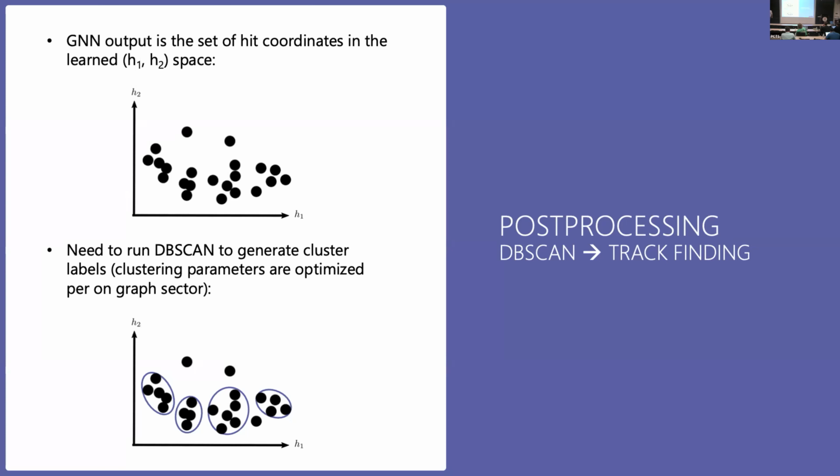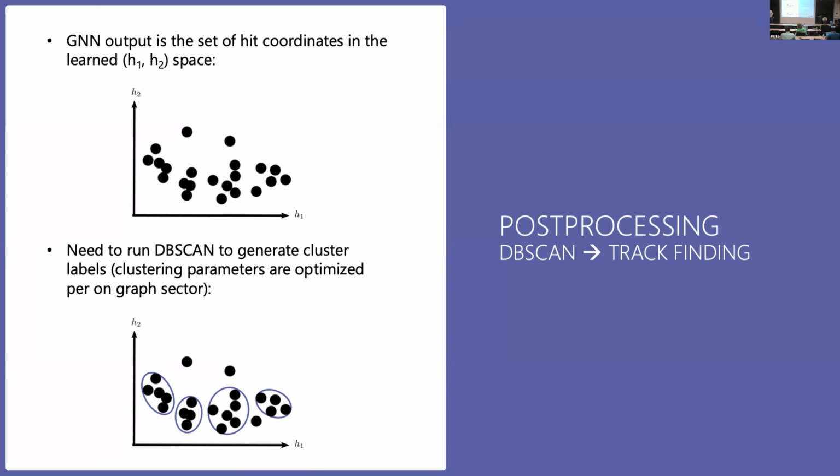So, okay, what do you get? At the output, you run your GNN, and what you end up looking at is a clustering space with all of my hits re-embedded in it, but you don't have cluster labels yet. So this is step 3 in the process. There are a number of ways to get the cluster labels.